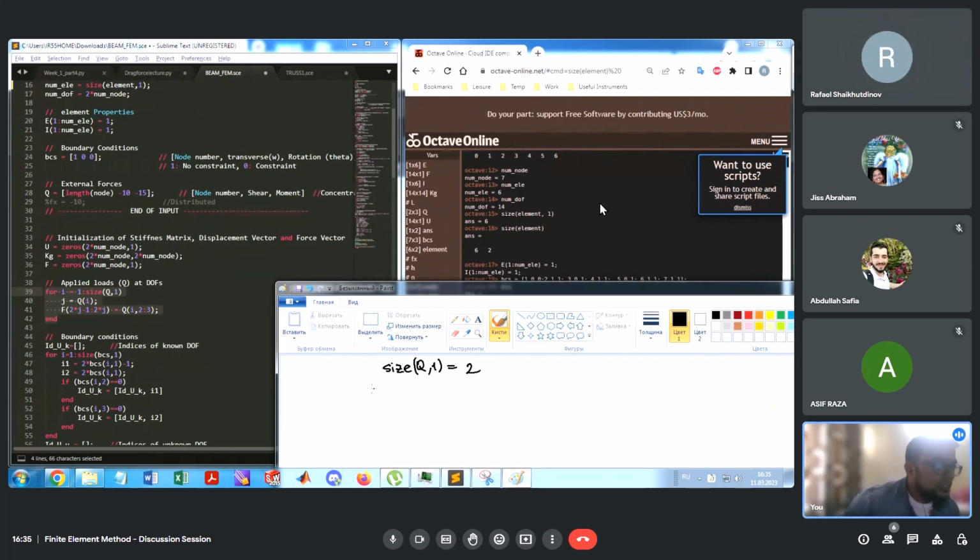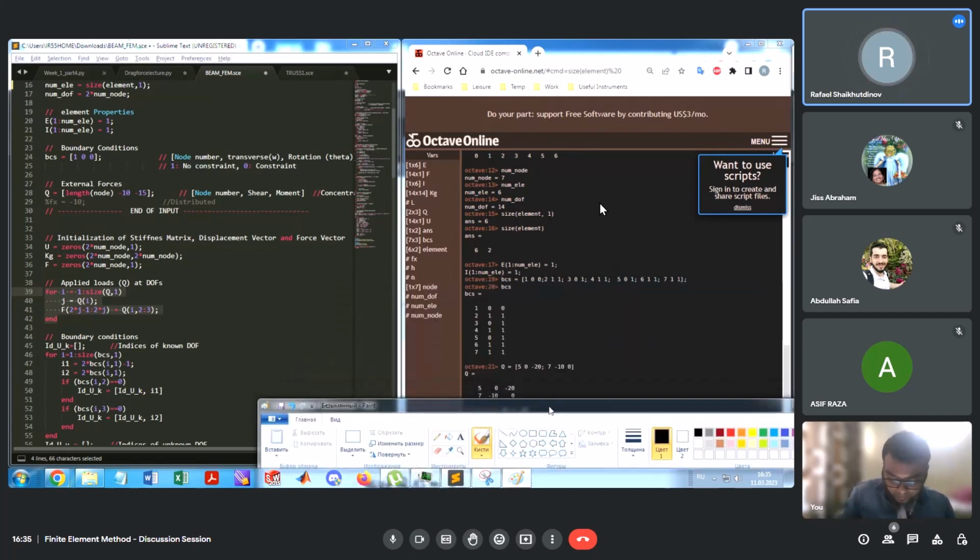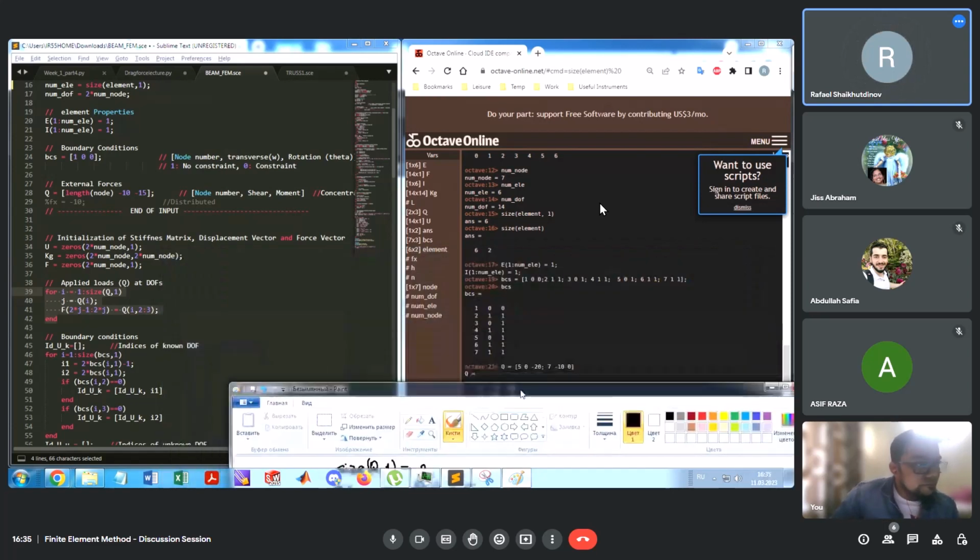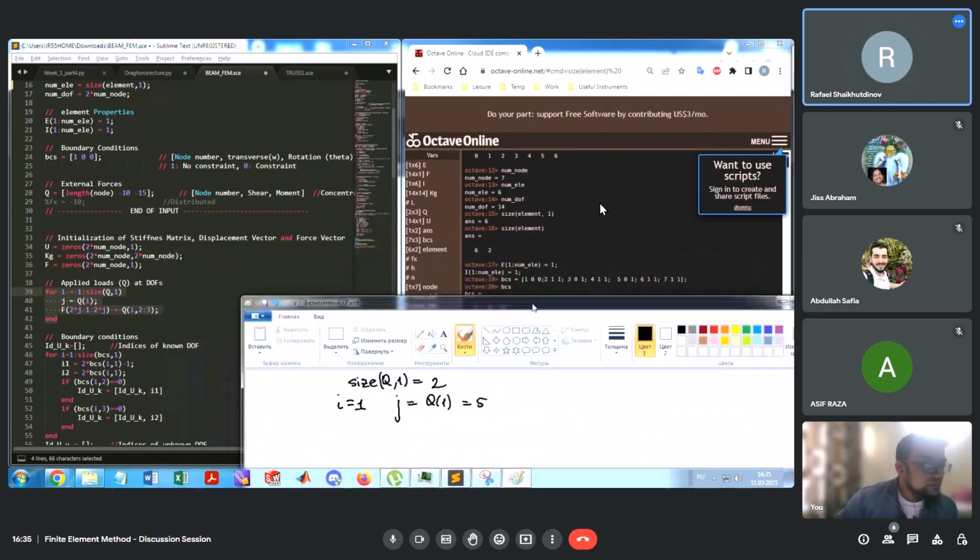For I equal to 1, we have j, the local number, which will be Q of 1, and Q of 1 is 5.